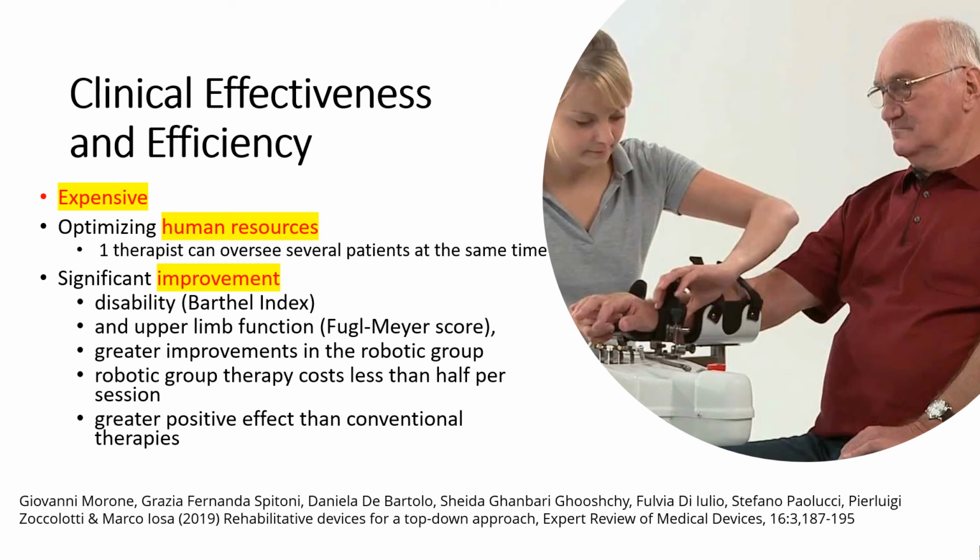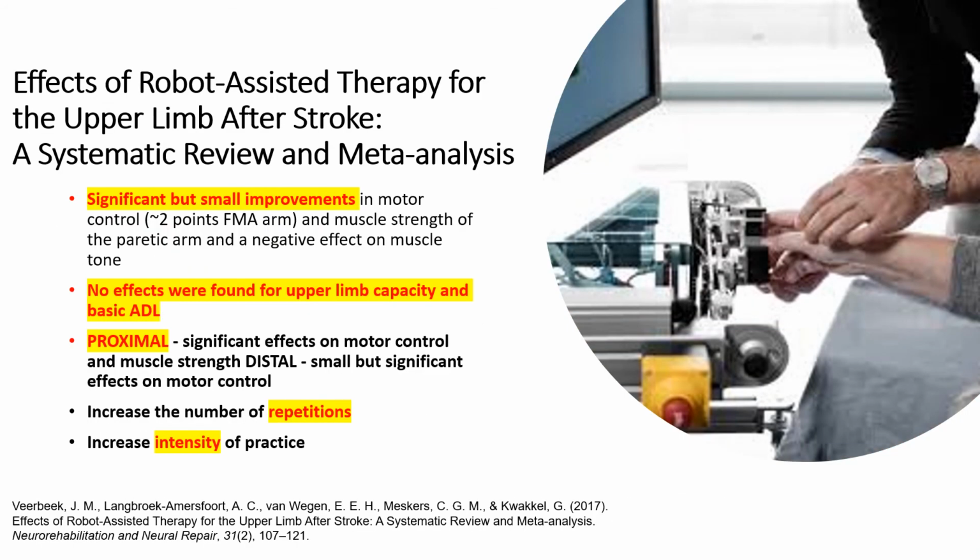Various studies have shown improvement in various objective evaluations in various conditions. The Barthel index and the Fugl-Meyer scores have improved, and they allow for efficiency in the sense that one therapist can attend to more patients, because a robot will take over the automated function, leaving the therapist for more bespoke activities.